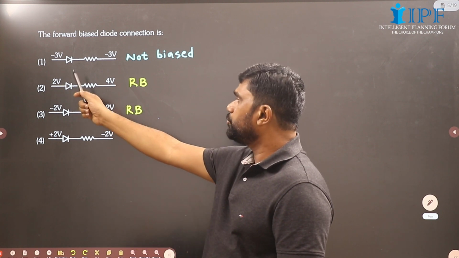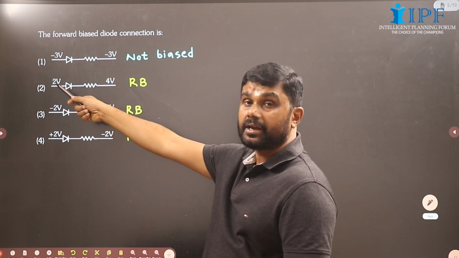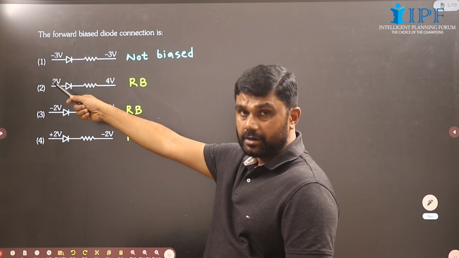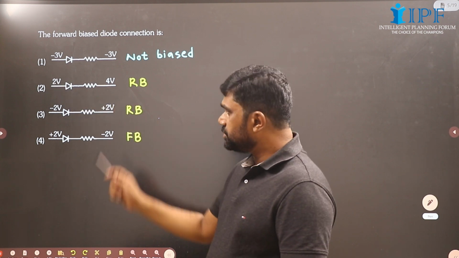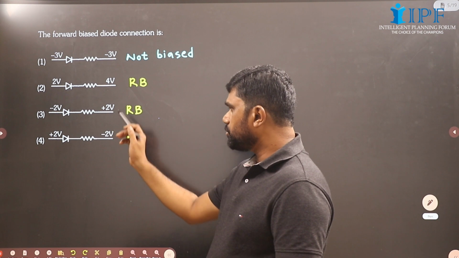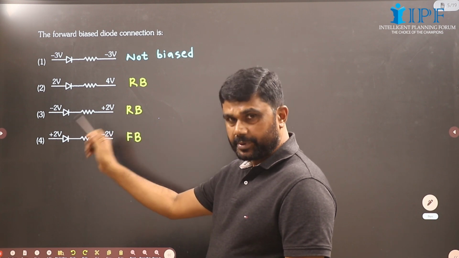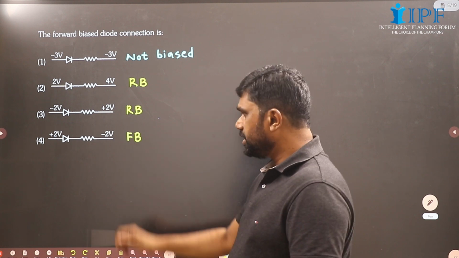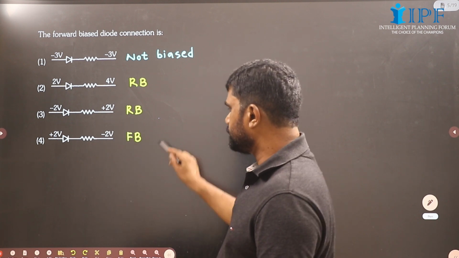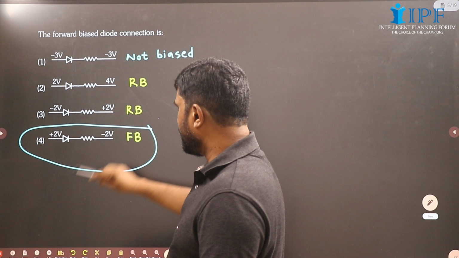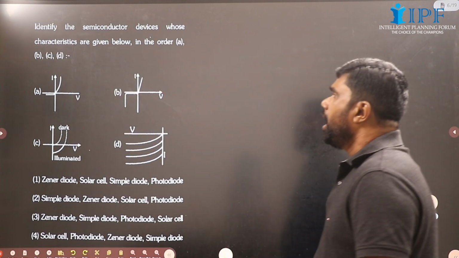Okay, here we have 2 volt on P side but a higher potential on N side, so this is reverse biased. Here also higher potential on N side, reverse biased. Here we have higher potential on P side, lower potential on N side, so this is forward biased, this one. Okay, the only diode that is forward biased.